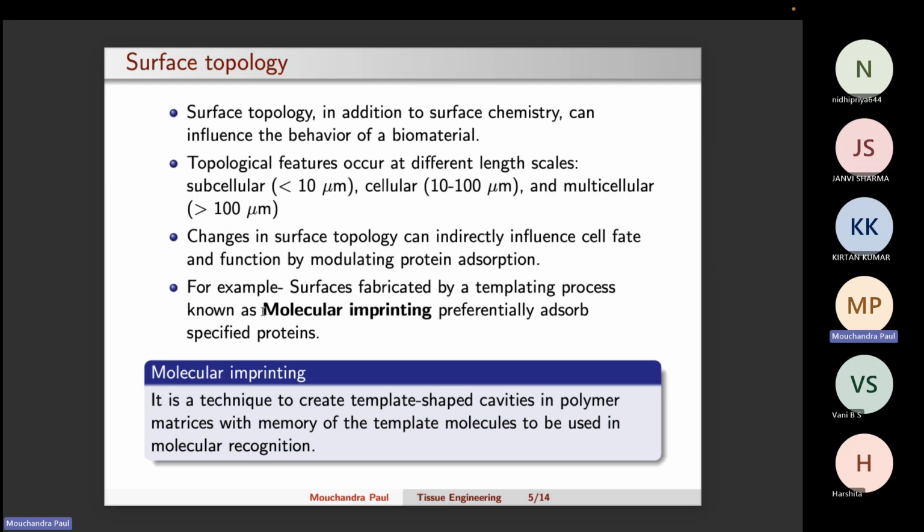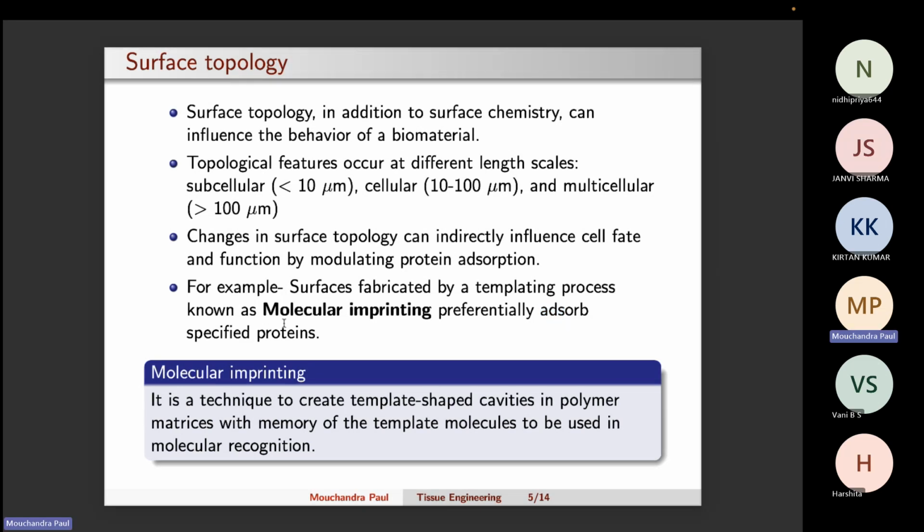One such example is called molecular imprinting, where we modify the surface in such a way that it absorbs specific proteins only. Let me know if I'm going too fast, because then it will help me slow down and come to the level of your understanding. And if you have any queries, feel free to ask at any time.